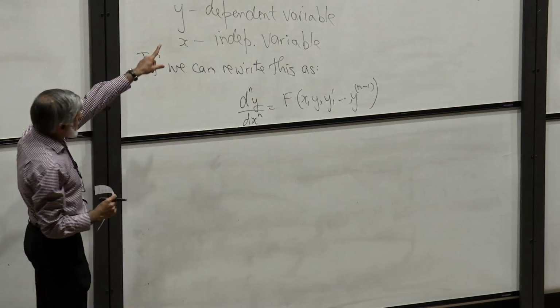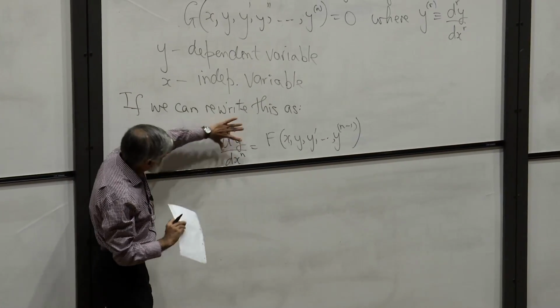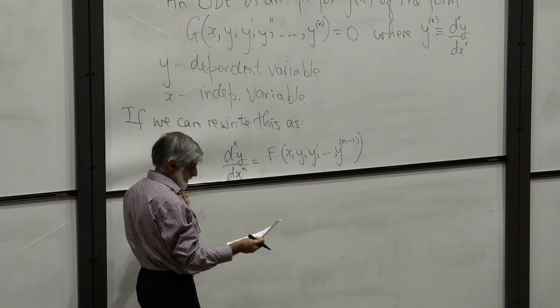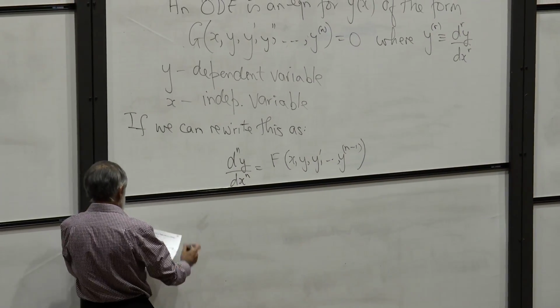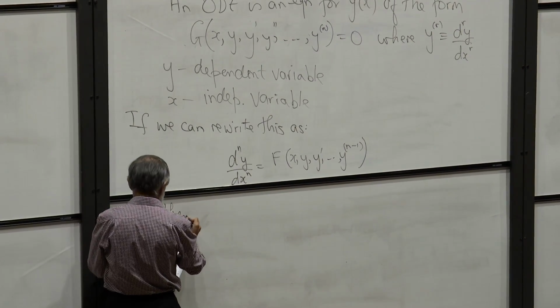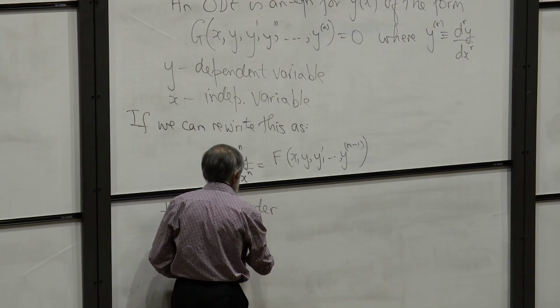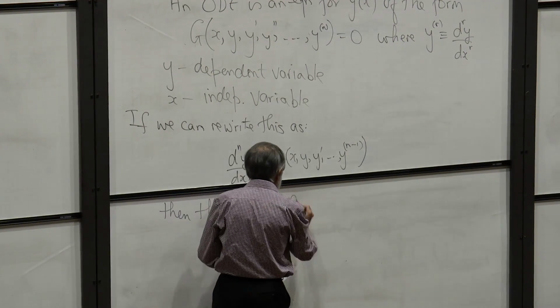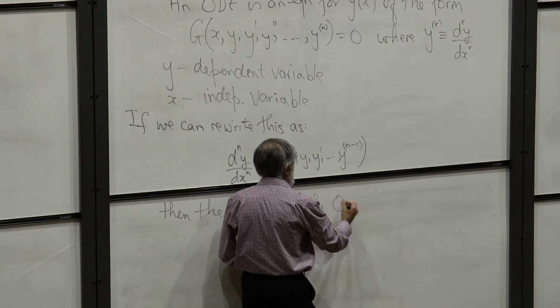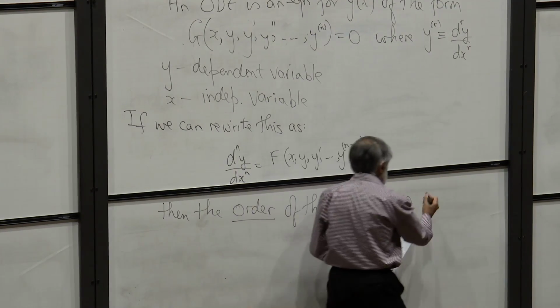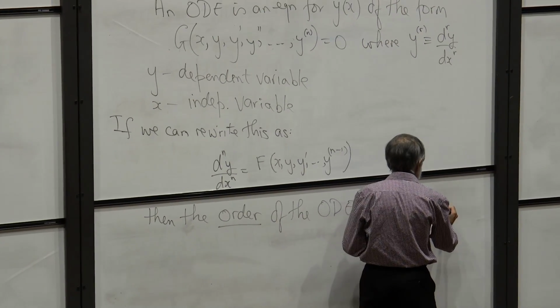So in other words, if we can get out the nth derivative and write it in terms of all the other functions and derivatives, then the order of the ODE is n. That's the order of the highest derivative.